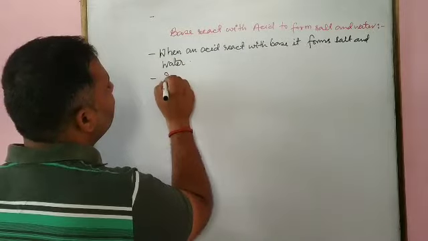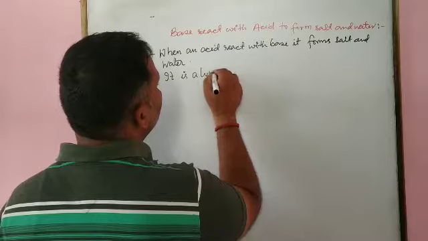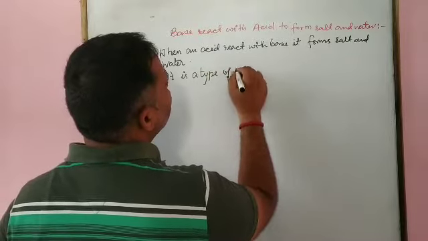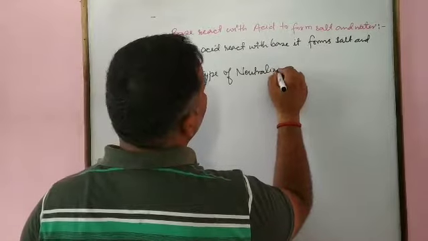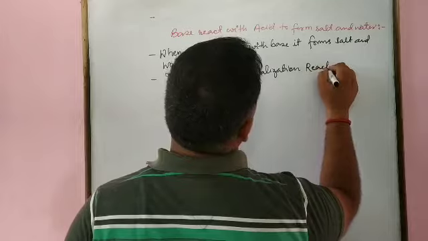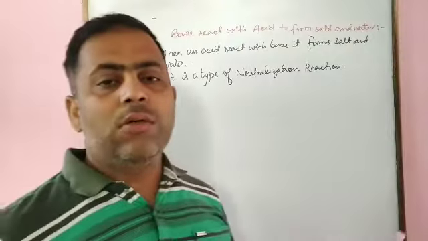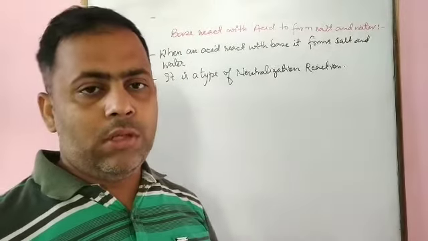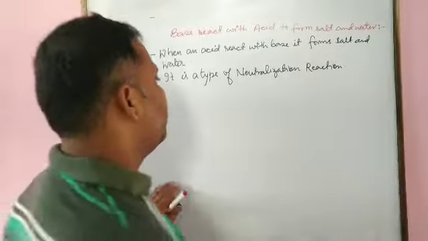So it is a type of neutralization reaction. Because we have discussed an acid is going to nullify the effect of base and base is going to nullify the effect of acid.